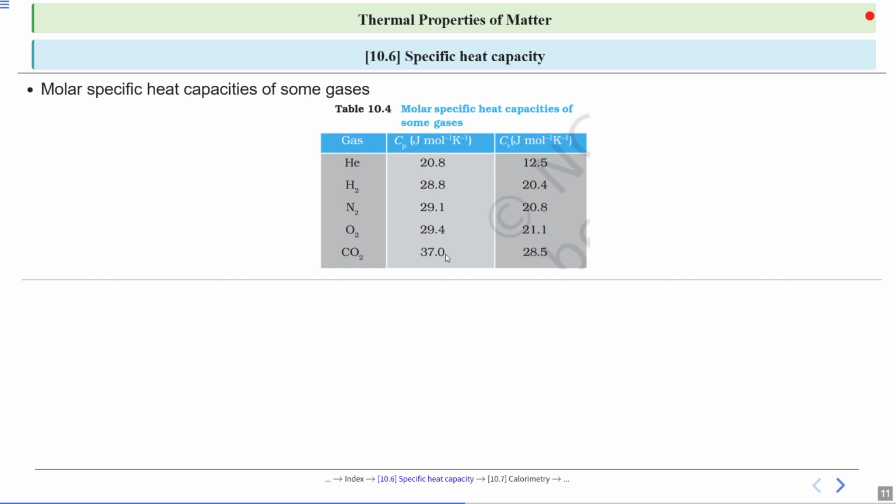Similarly, CO2 is 37.0 and Cv is 28.5. All right. So from this table, CO2 has a higher molar heat capacity at constant pressure. All right.